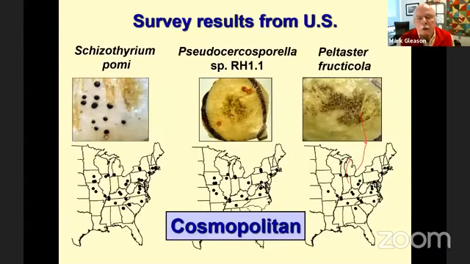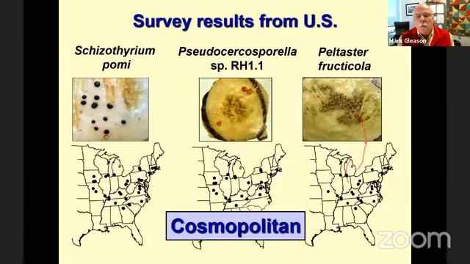So thinking about this topic of biogeography, which I think of as which species live where, we first turned to our surveys from the US. We surveyed a total of 39 orchards in many places within the eastern US.